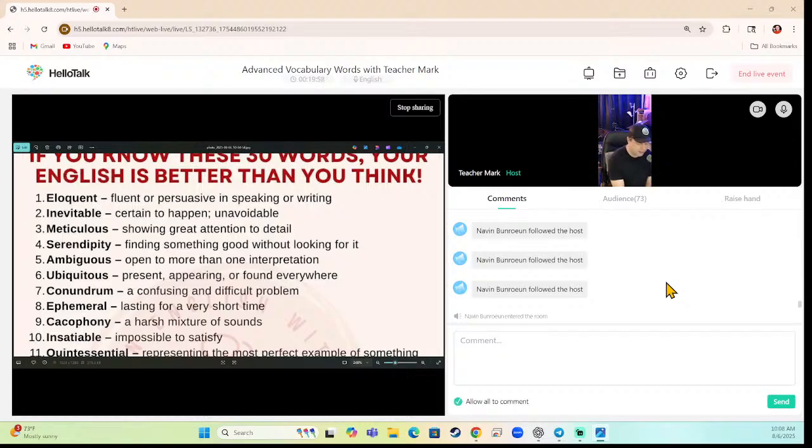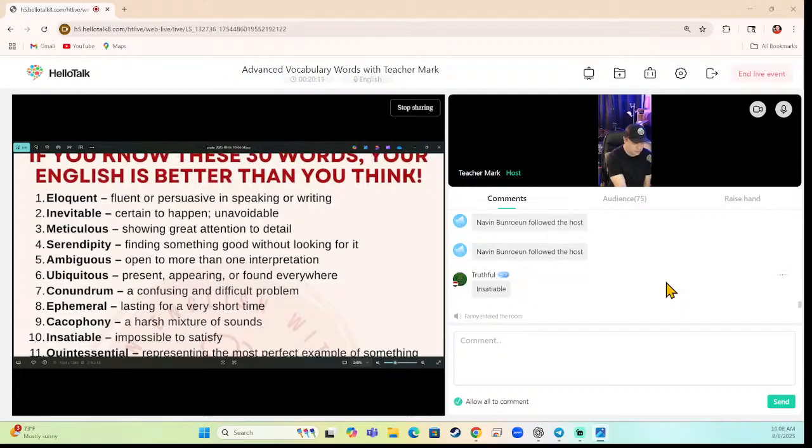Okay, and let's take a look at something here. It comes from the Latin word eloquentum, which means speaking or having the faculty of speech. So the original meaning is actually just to be able to speak.